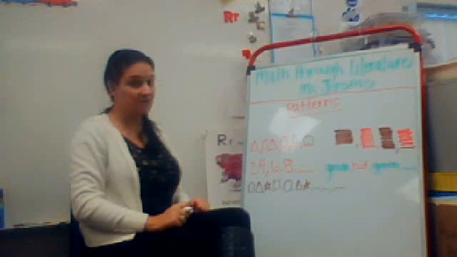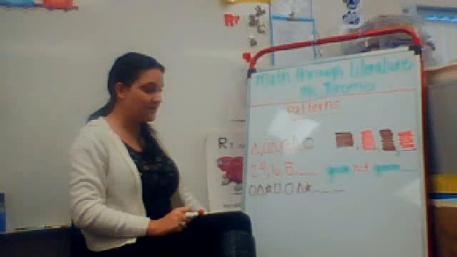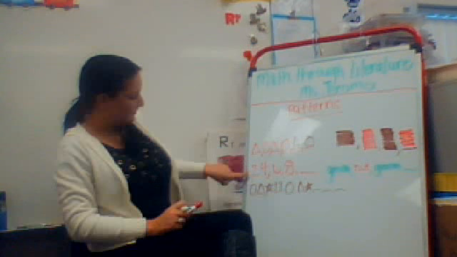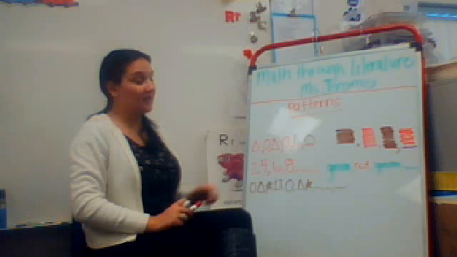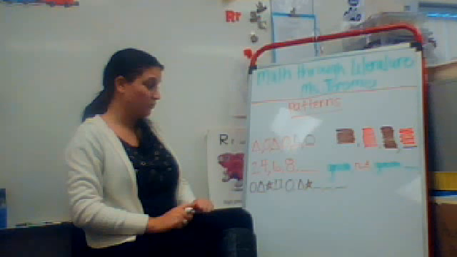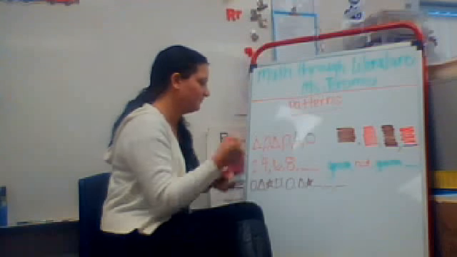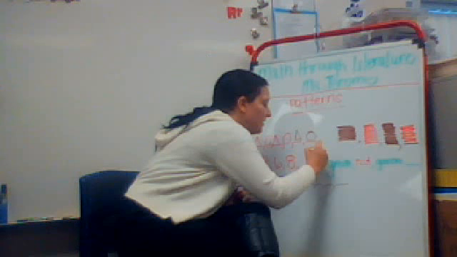Okay, now we're dealing with numbers. So the book didn't tell us about numbers, but we can also have patterns in numbers. So we have 2, 4, 6, 8. Does anybody know what number comes next? 10. We're counting by even numbers. Very good. And if we're not dealing with even numbers, what goes with even numbers?